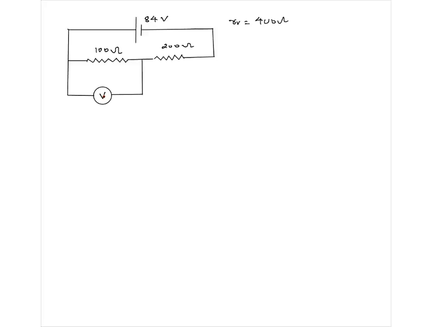So let's see what happens due to that. The purpose, of course, is to measure the potential difference across 100. That's why we have connected it. So, the first question is, what is the voltmeter reading?